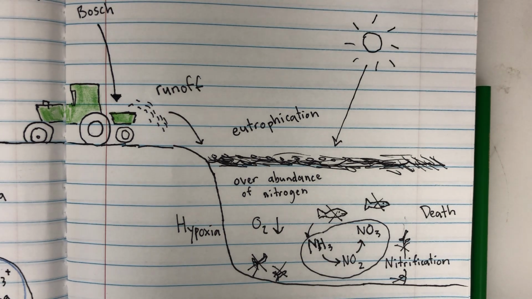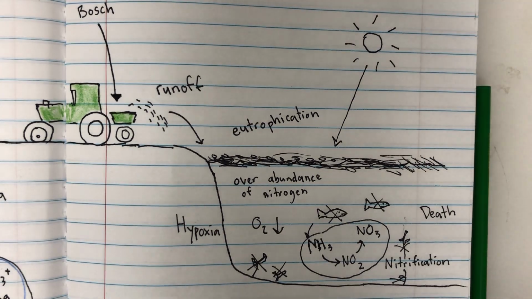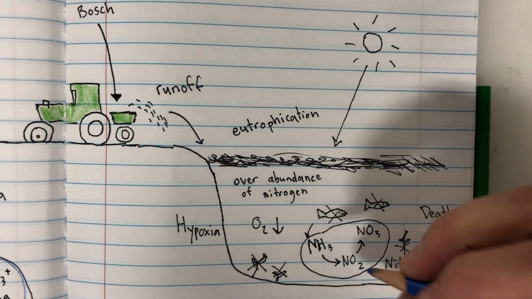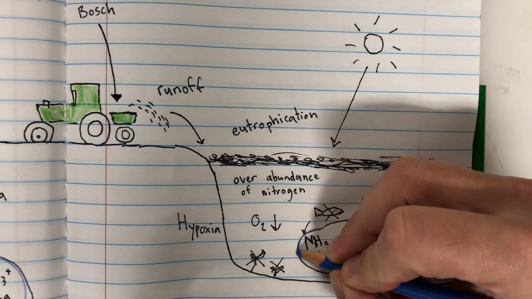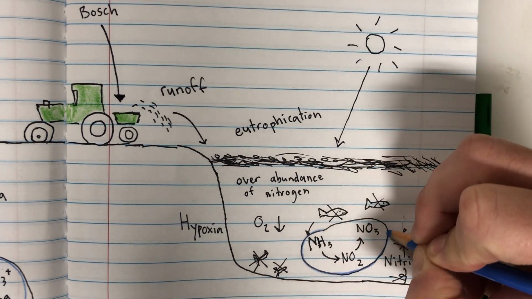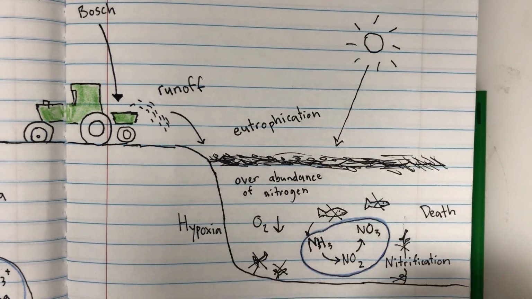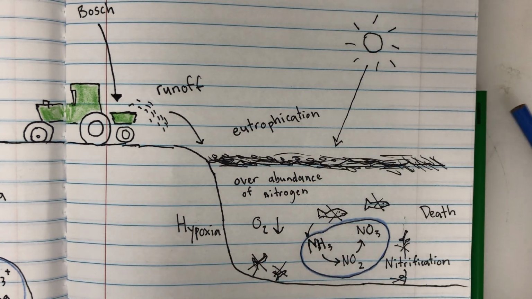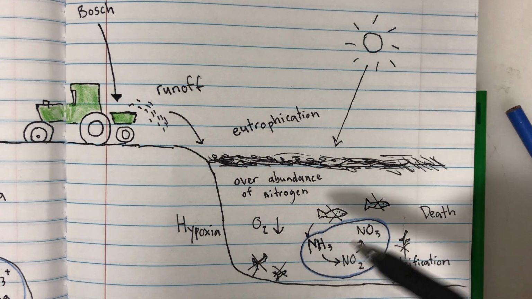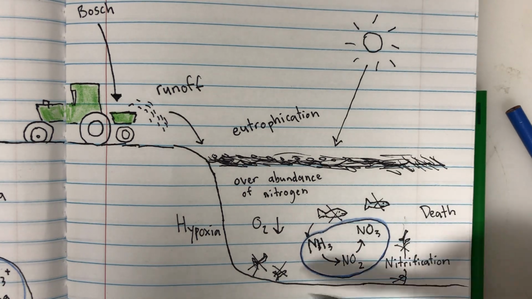And again, just to highlight what we already talked about, nitrification occurs in a lake or freshwater ecosystem as well. We see many nutrients down there underwater, and nitrate helps plant growth.